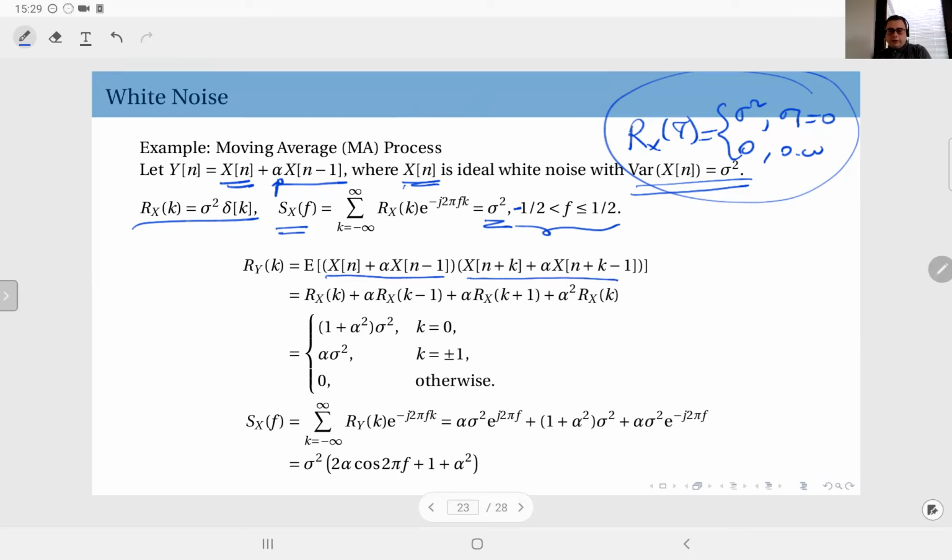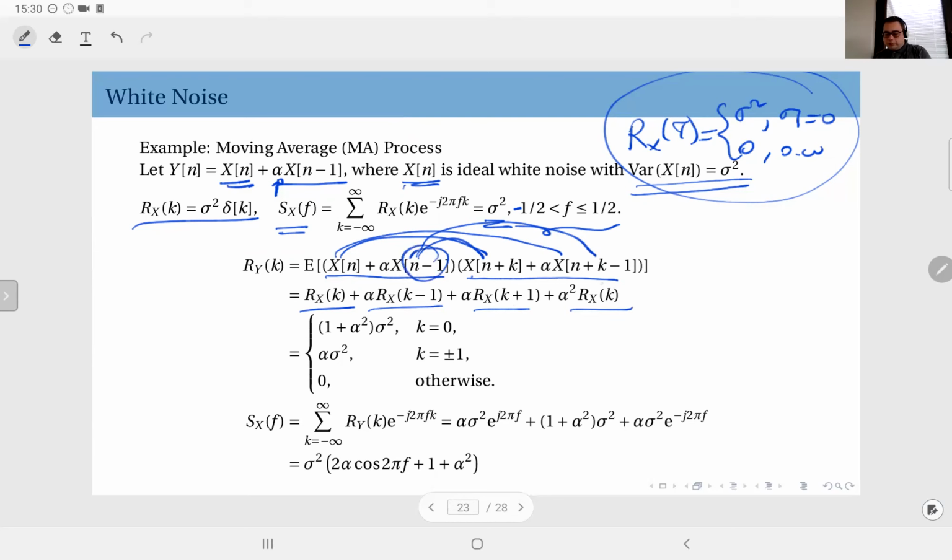If you expand this expression, you will have x n times x n plus k, which is the autocorrelation of x at lag k, and then alpha times autocorrelation at k minus 1, alpha times autocorrelation at k plus 1, and finally alpha squared times autocorrelation at k.